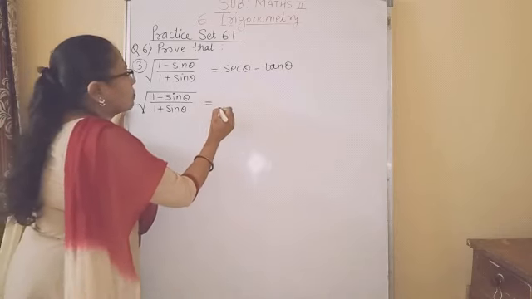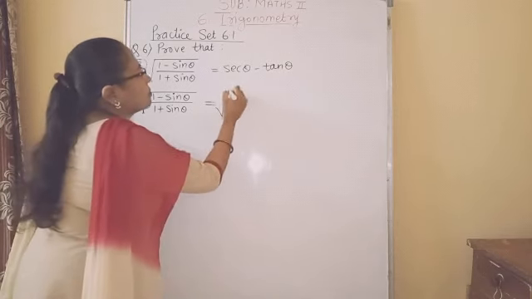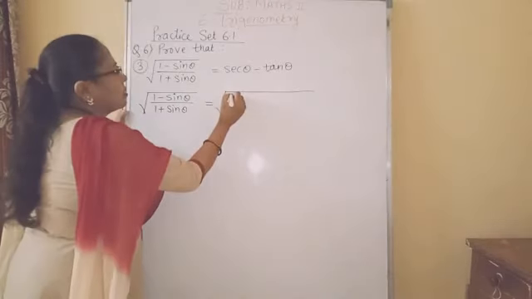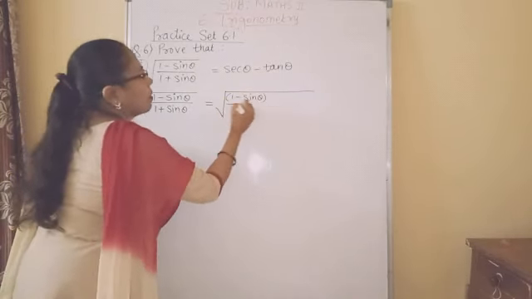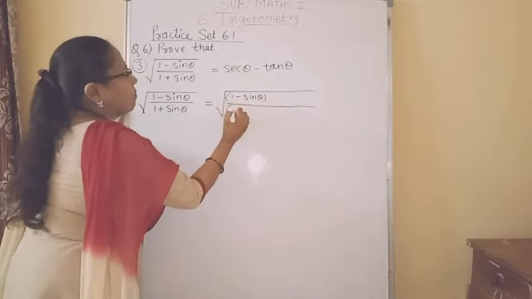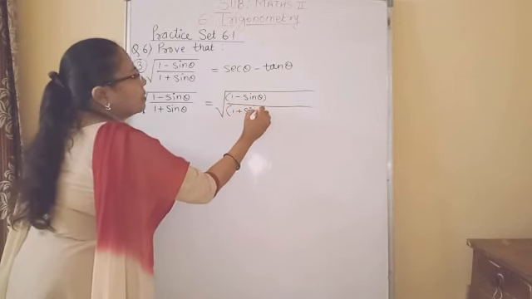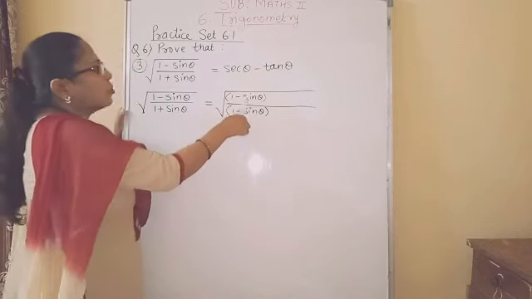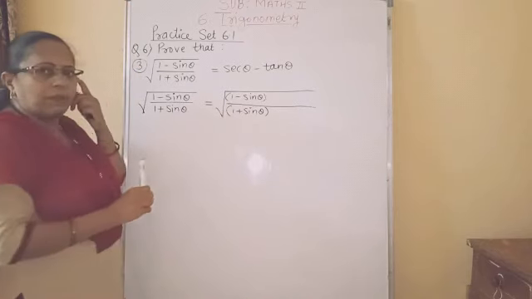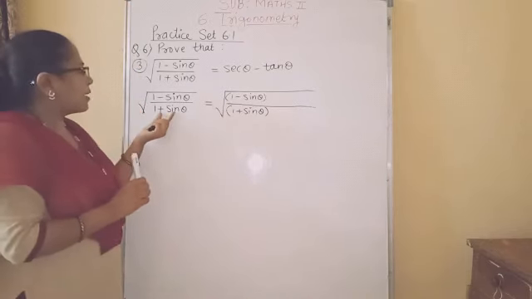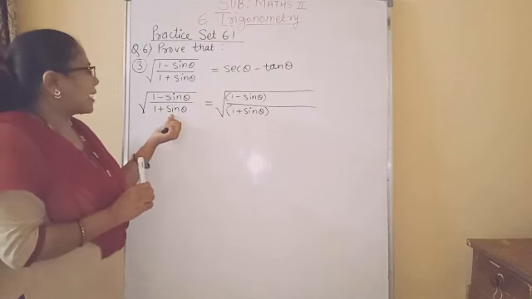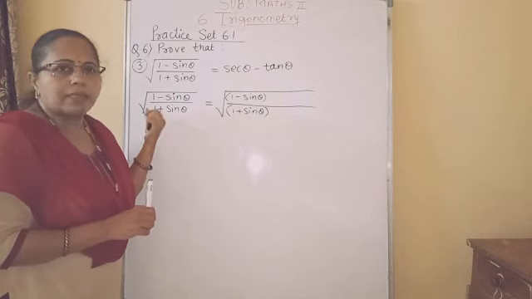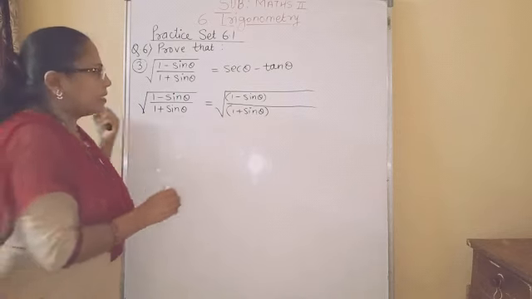So for that what we will do? 1 minus sin theta upon 1 plus sin theta. This numerator and denominator we will multiply by the conjugate pair of the denominator. Okay, so 1 plus sin theta, its conjugate pair is 1 minus sin theta.